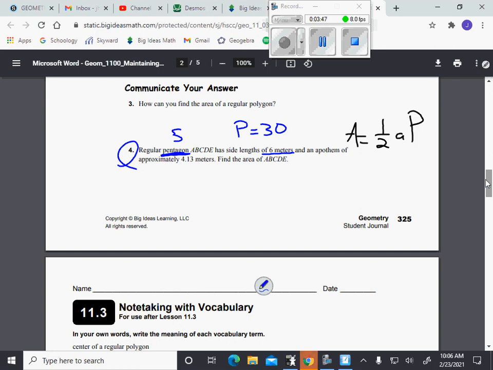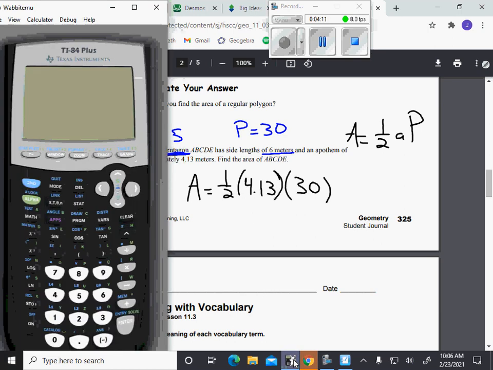Find the area. Let's just plug this in. A is going to be equal to 1/2 the apothem, which is 4.13, times the perimeter, 30. And that 13 looks like a 3. I'll fix that. Then go on your calculator.